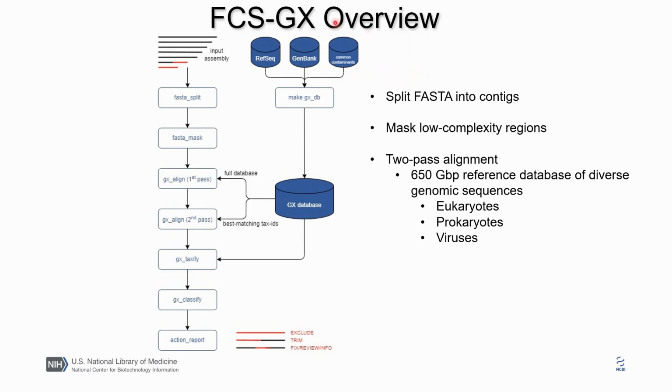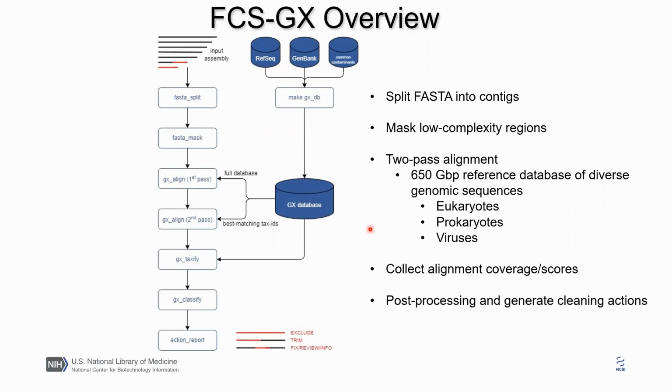The alignment step uses a large database of diverse genomic sequences from eukaryotes, prokaryotes, and viruses, and higher scoring alignments from the first pass are retained for a second pass of the alignment, shown here in the diagram. Next, alignments are refined and coverage and score information is collected, and the pipeline produces a final report that lists sequences with various contaminant cleaning actions.